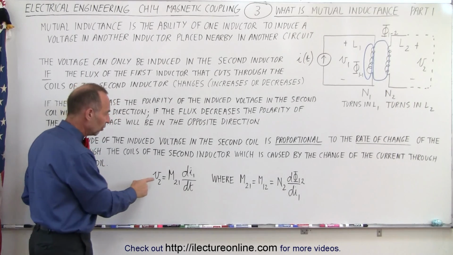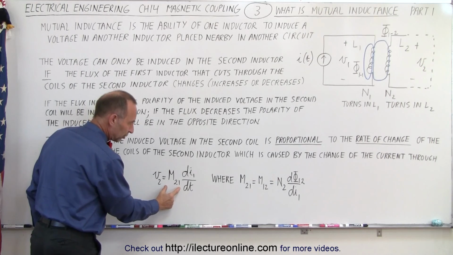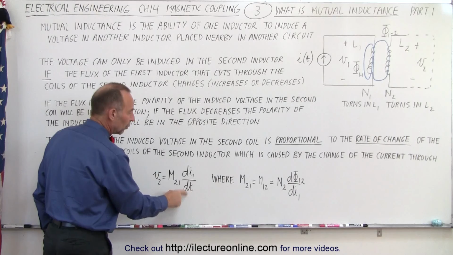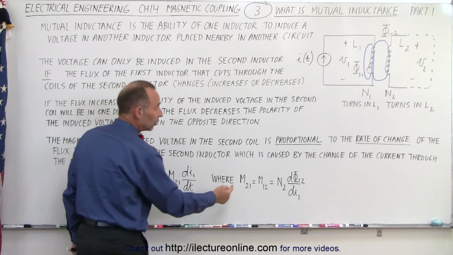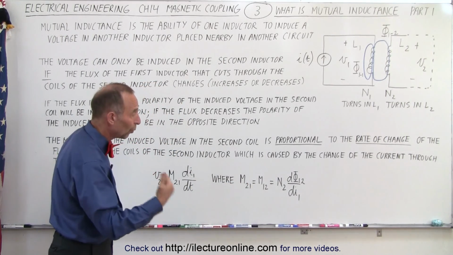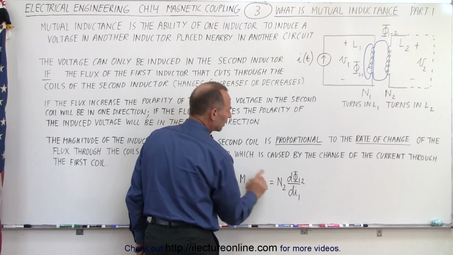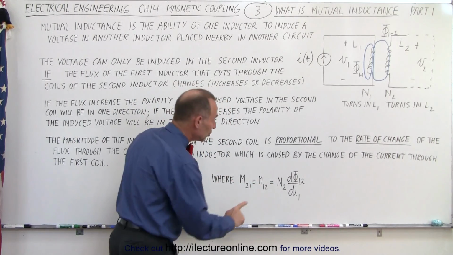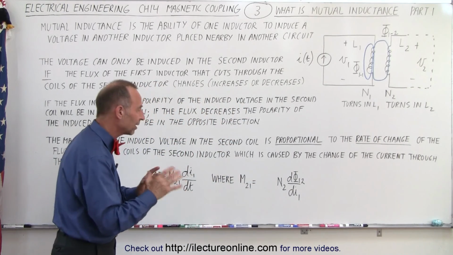And here are the equations. The magnitude of the voltage across the second inductor is equal to the mutual inductance between the two times the rate of change of the current in the first circuit with respect to time. And so the mutual inductance, M21, basically the inductance on 2 caused by 1, which by the way is the same as the inductance of 1 caused by 2, it goes both directions. Let me go ahead and redo this, because we'll explain the mutual inductance equality later.